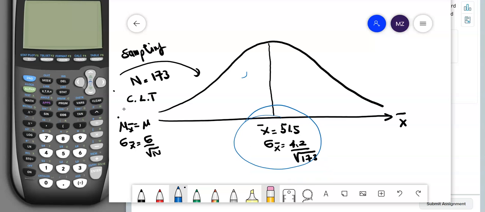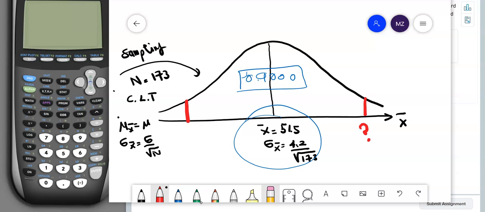Now what I want is two boundaries that contain the 90 percent. What does that mean? If I have 0.9000 here as an area between two boundaries, I'm going to put the boundaries here. This is the boundary and this is the boundary.